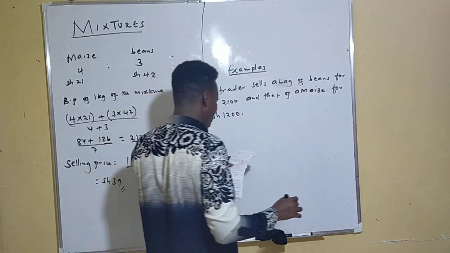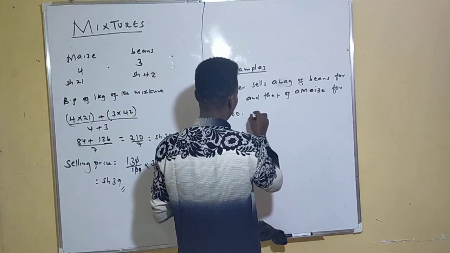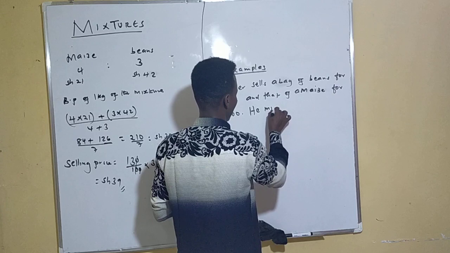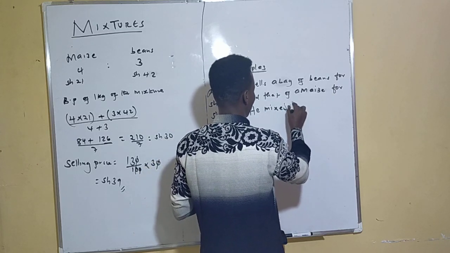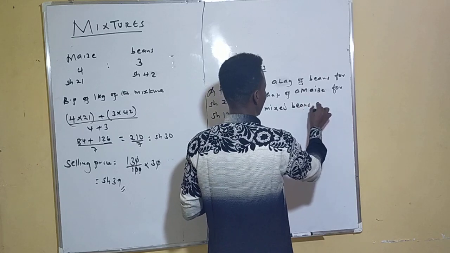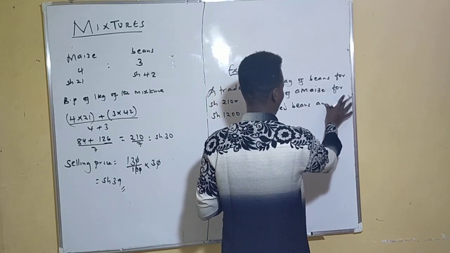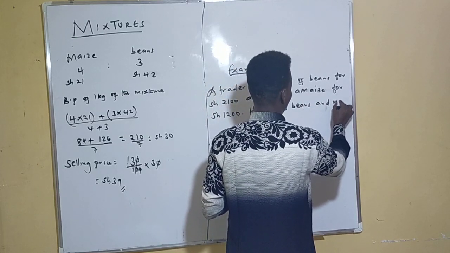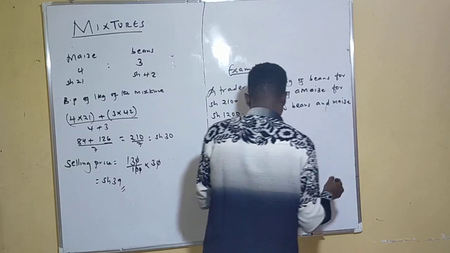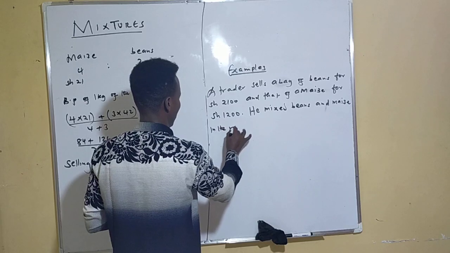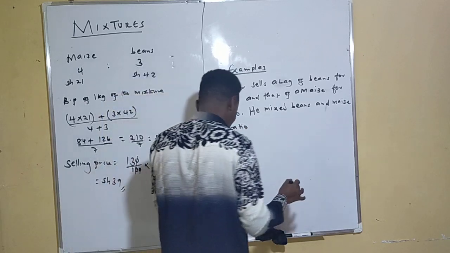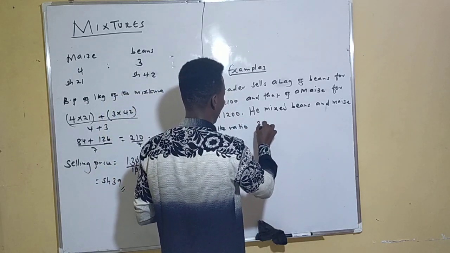He mixed beans and maize in the ratio 3 to 2.